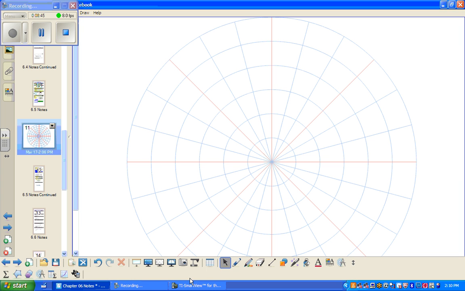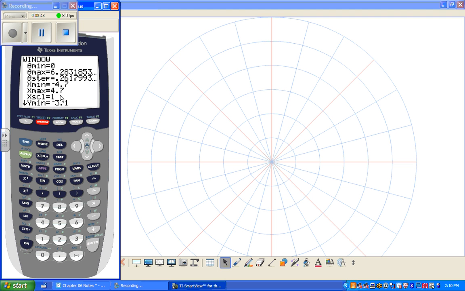So now I'll go to my table setting, make sure that I started at theta equaling 0, and for the change in the table I typed in pi over 12. Then when I go to the table, I can plug in these points. At theta 0.268, well, I know that's on this first line.